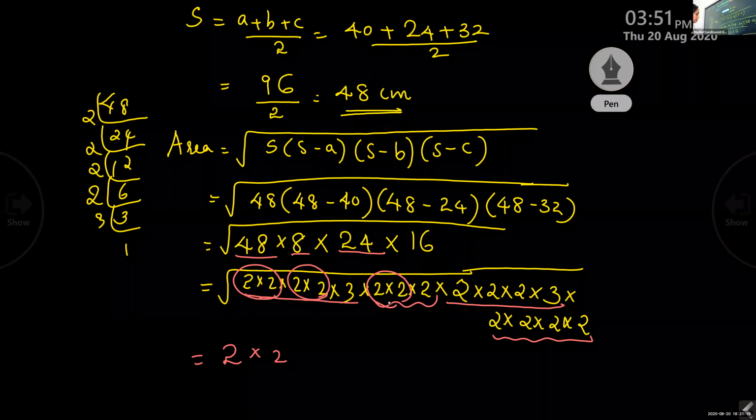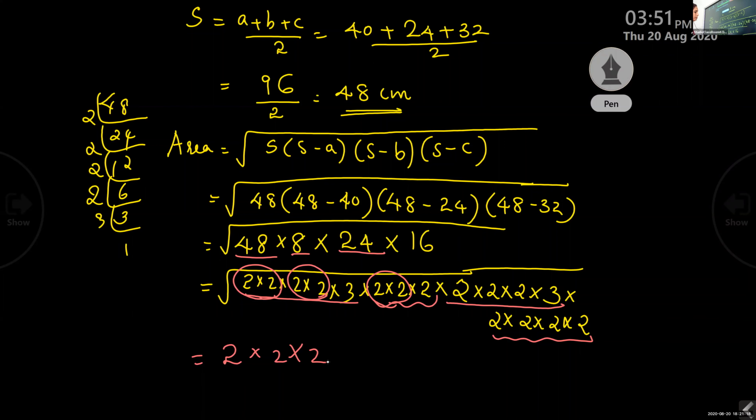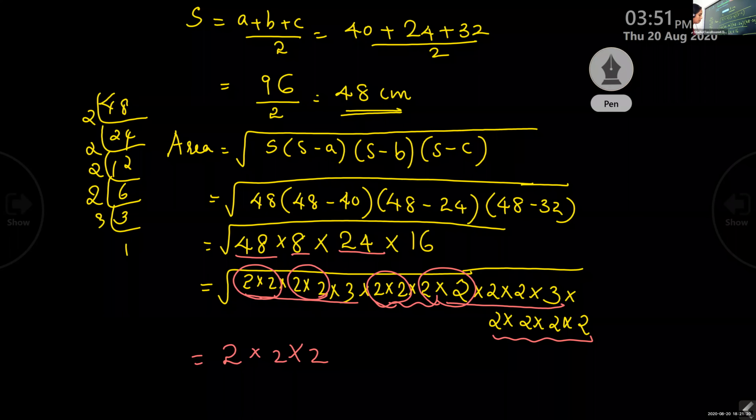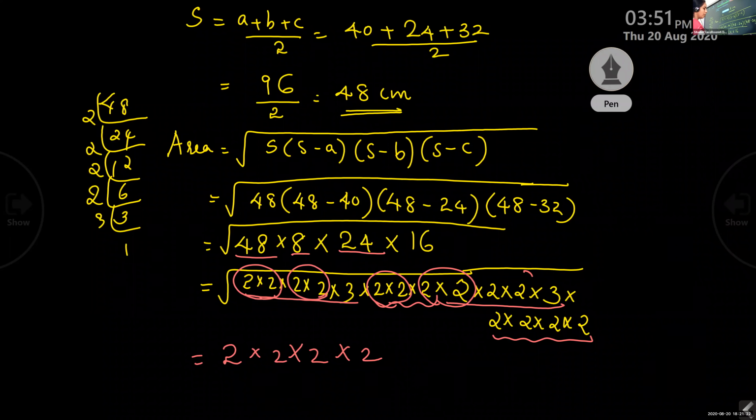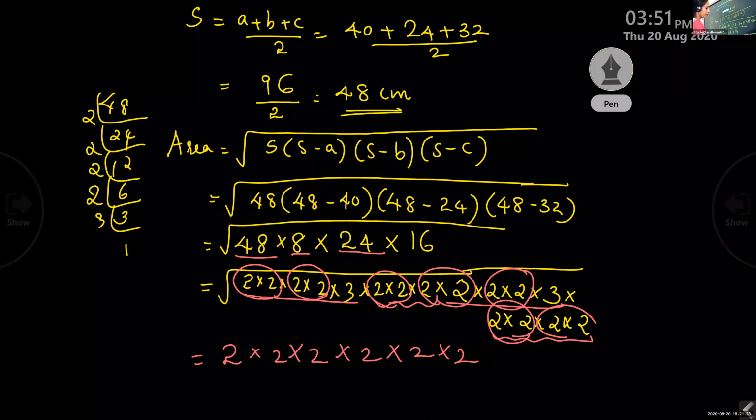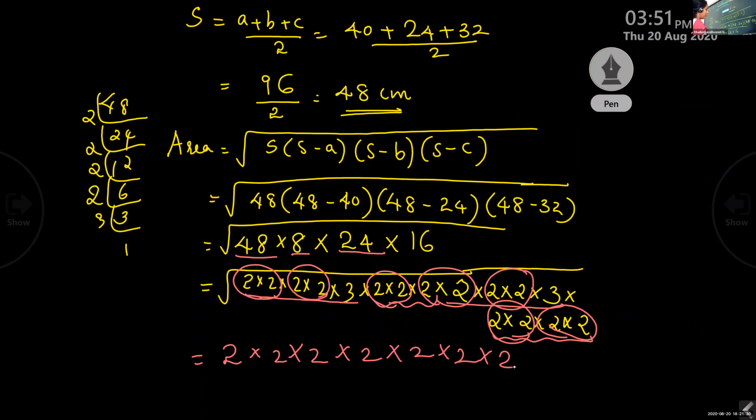And from here one more 2. From these, one more 2. These 2 again. Three, one 3. Okay, 1, 2, 3, 4, 5, 6, 7, 8, 9, 10, 11, 12, 13, 14. 1, 2, 3, 4, 5, 6, 7 into 3.